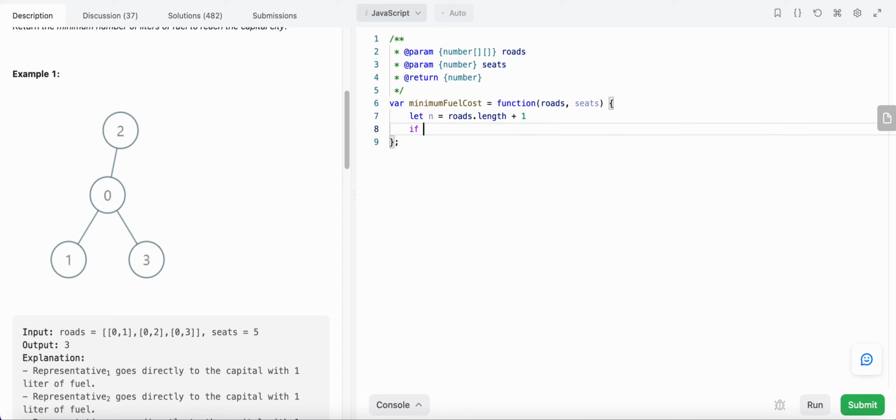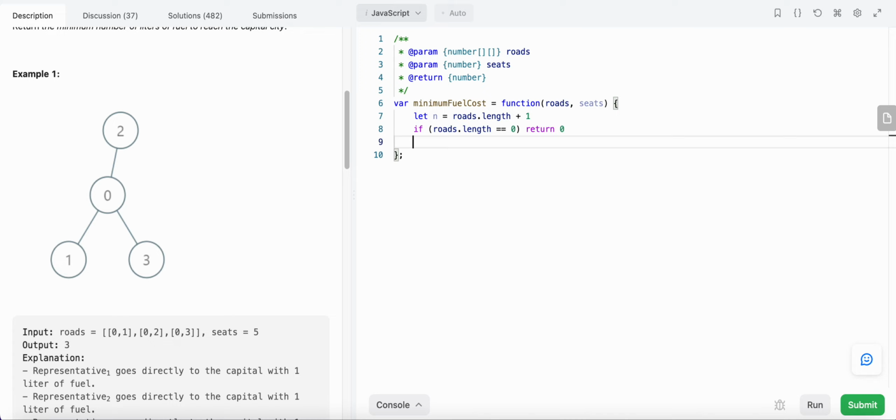Now we check if roads.length is equal to 0, that is, there is no connection, only one node, then we are going to return 0, because there is only one node, that is only node 0, city 0, so we don't need any fuel, right?